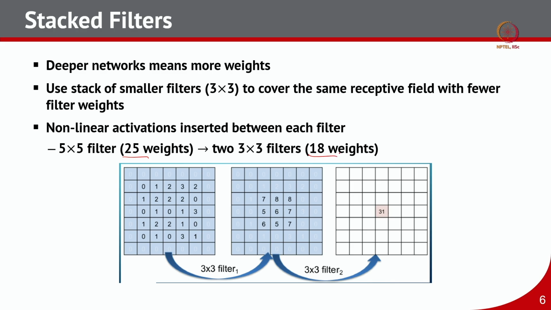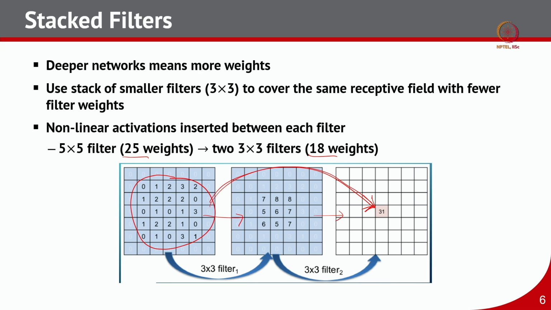The same patch is convolved into one particular pixel through one 3 by 3 filter and then another 3 by 3 filter. With a 5 by 5 filter, the result would have been the same.